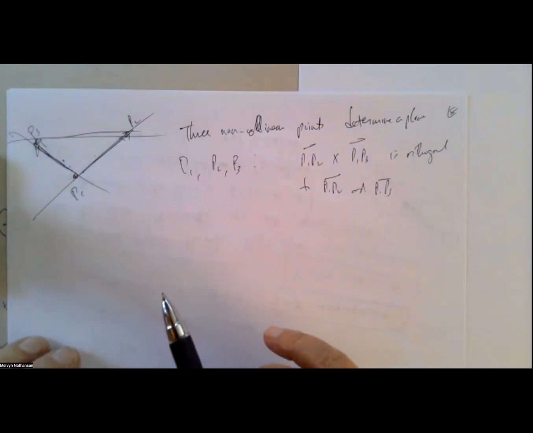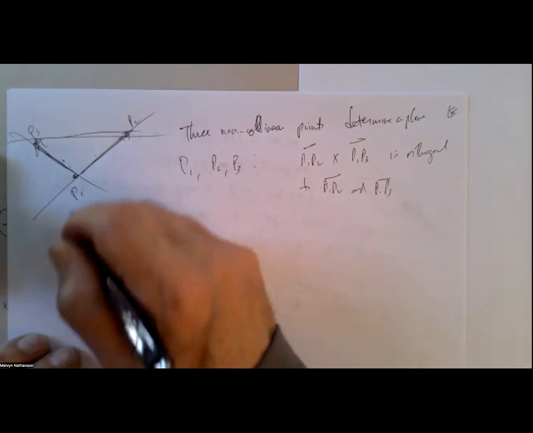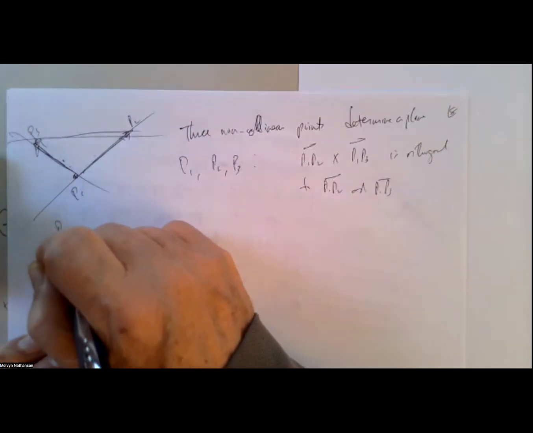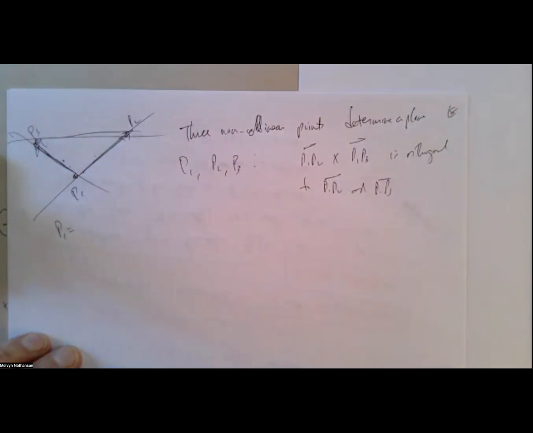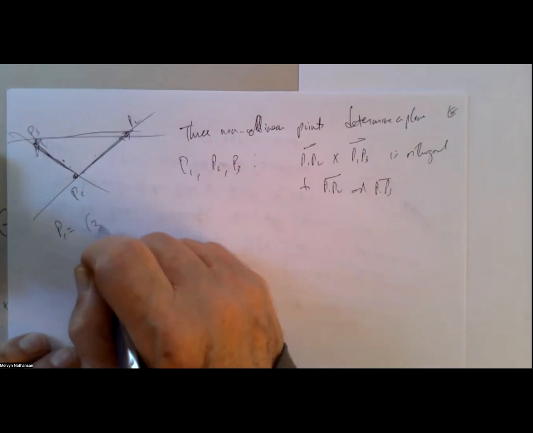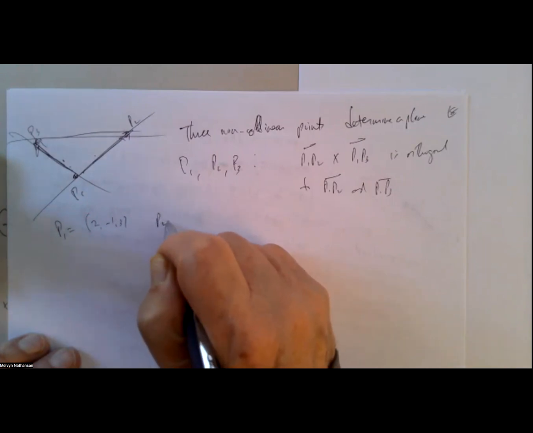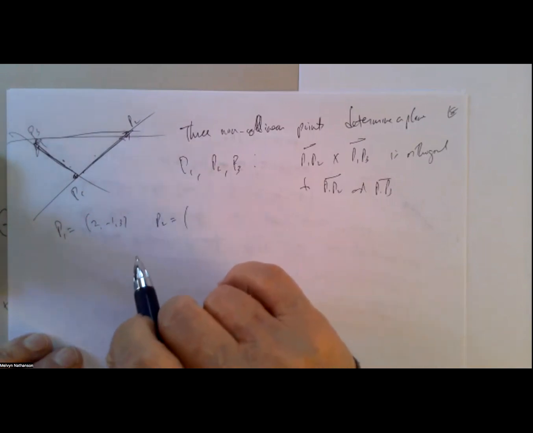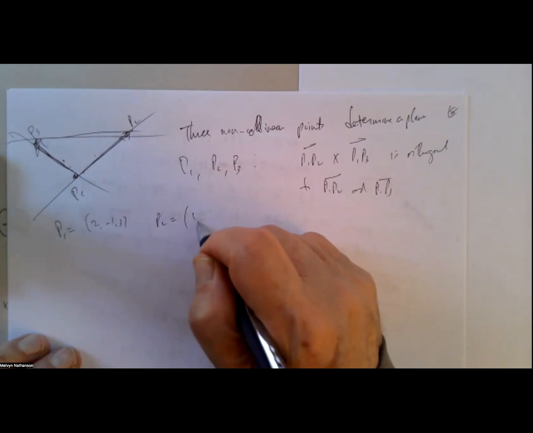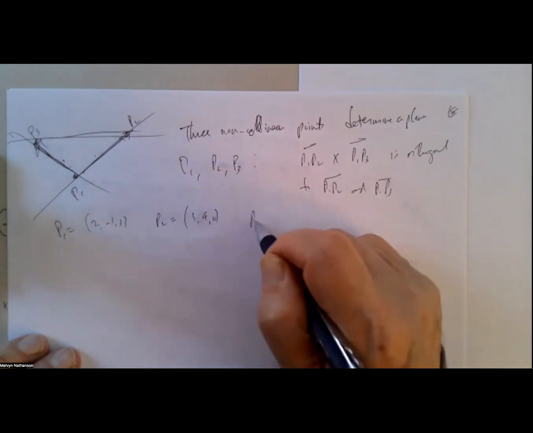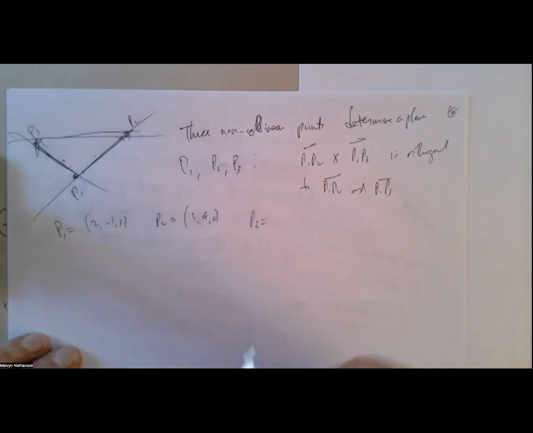So suppose P1 has coordinates 2, -1, 3. P2 has coordinates 1, 4, 0. And P3 has coordinates 0, -1, 5.